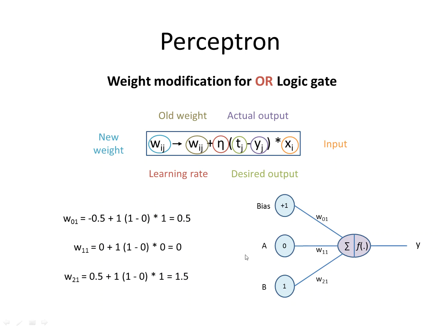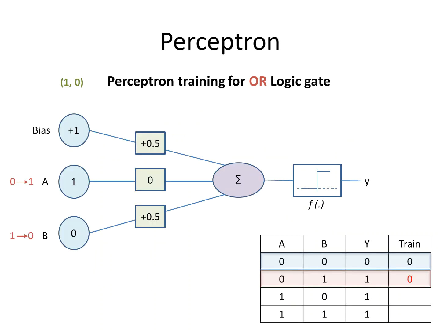And for W21, this was my old weight 0.5, and after the calculation it gave me 1.5. So let's modify our weights accordingly. Now these are 0.5, 0, and 1.5. Further, let's move ahead with the perceptron training. First with the bias, it gives me 0.5, 0 for the first input, and the second input again 0. So overall 0.5, and the output is 1.